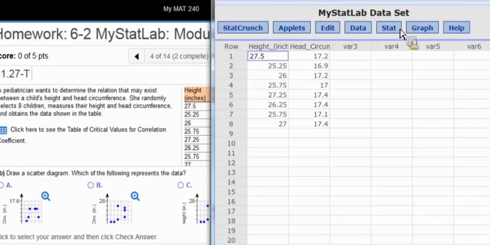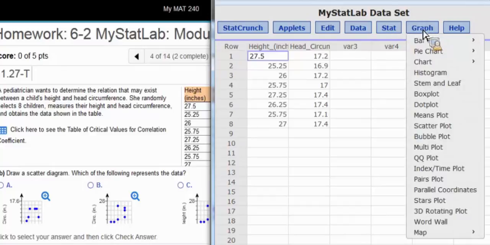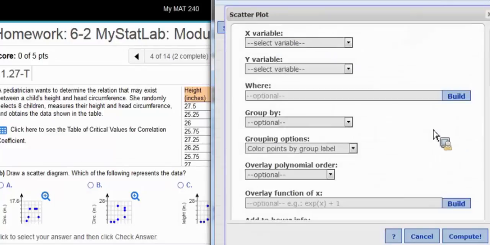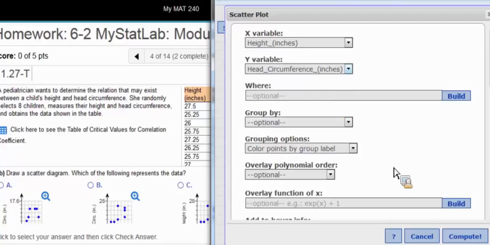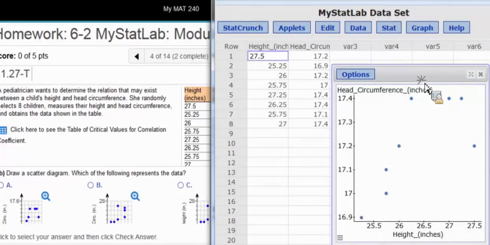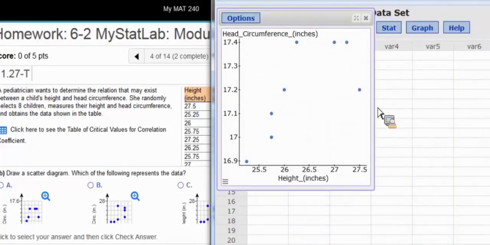This is one case where we use Graph, because we want to plot a graph, a scatter plot. So we do Graph, Scatter Plot. X is the height, Y is the circumference. Compute, and here is the plot.